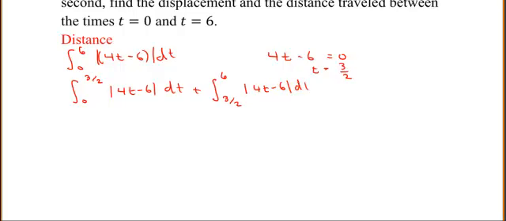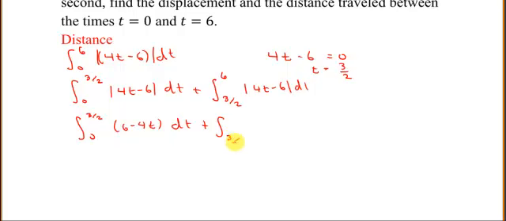Now, between 0 and 3/2, say at 1, this is going to be negative, so this would be the integral, change the sign, that's what the absolute value will do, of 6 minus 4t dt, plus, say at 2, that's between 3/2 and 6, so this will be positive. 4 times 2 minus 6 is positive.